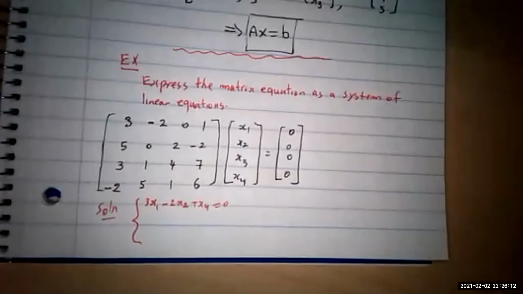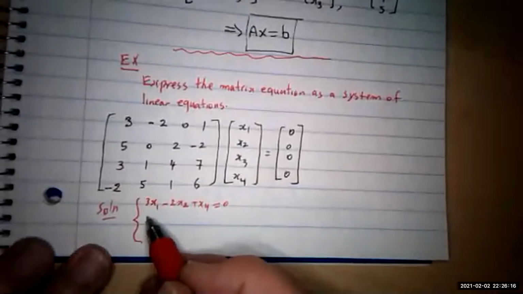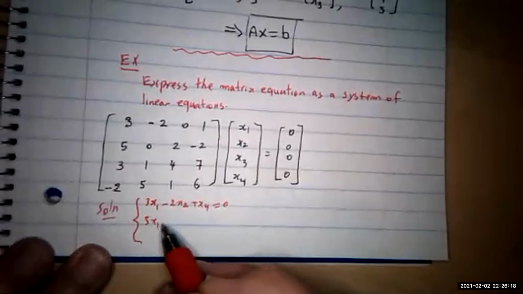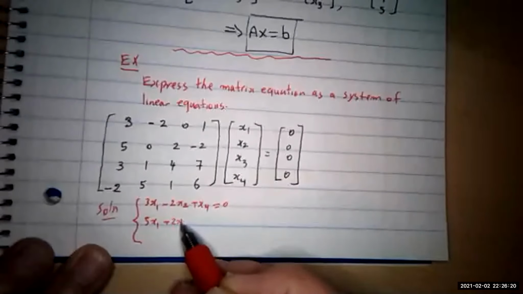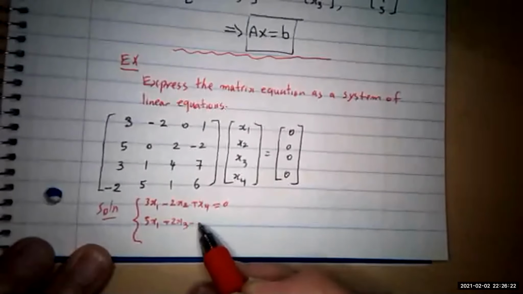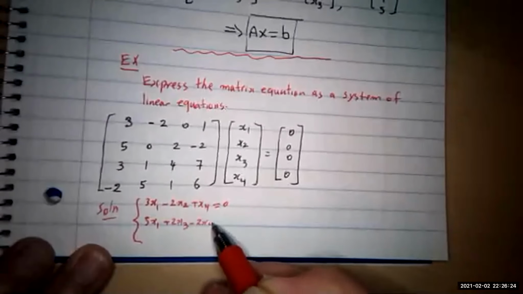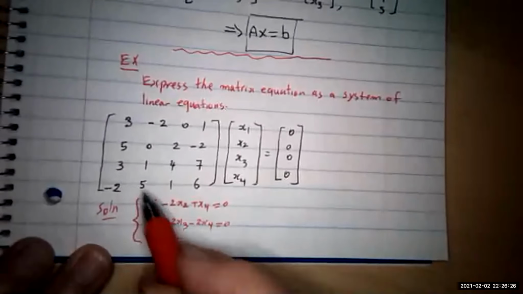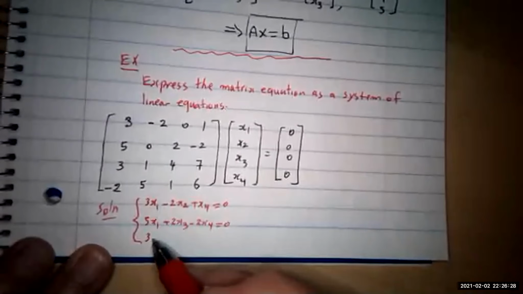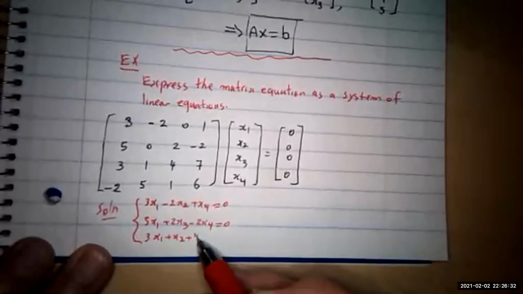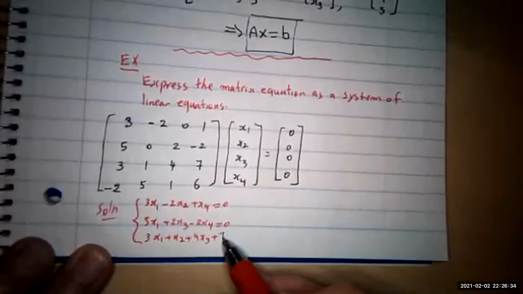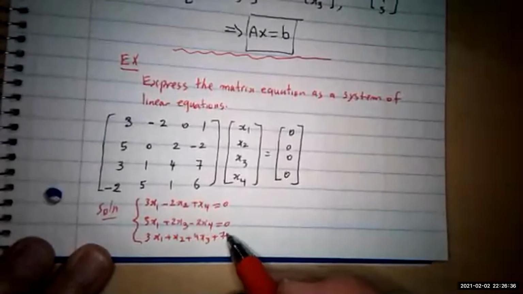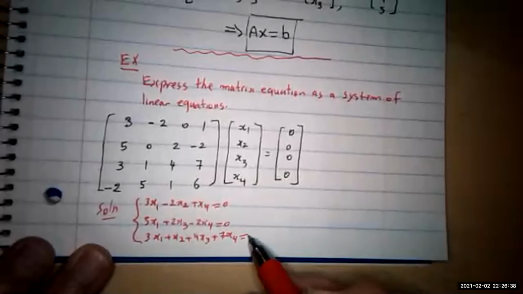That's the first one. The second one is 5x1. There is no x2, so that gives you plus 2x3 minus 2x4, which is equal to 0. The next one is going to be 3x1 plus x2 plus 4x3 plus 7x4, again equal to 0.